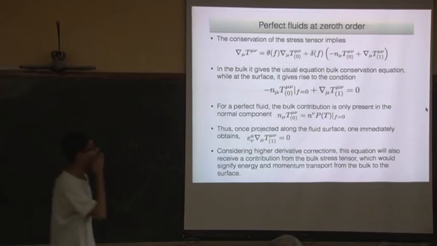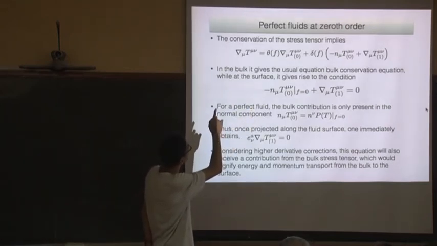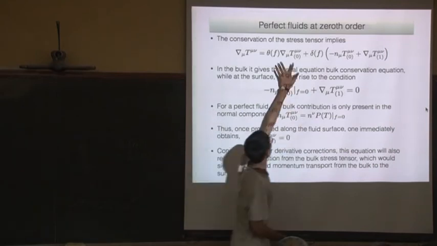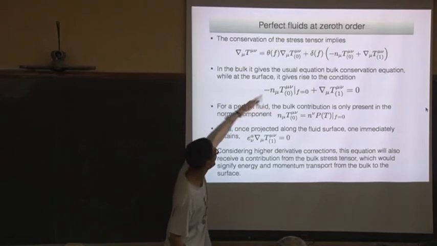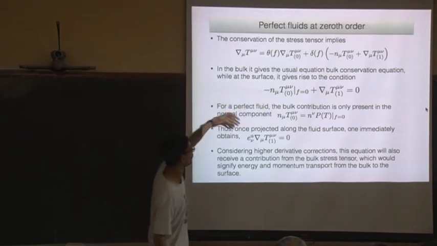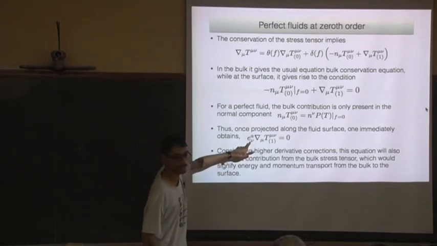So now if one computes the stress tensors like that, the bulk part of this equation is just the conservation equation. At the surface, it will have two components. One can project along the surface and consider the normal to the surface.